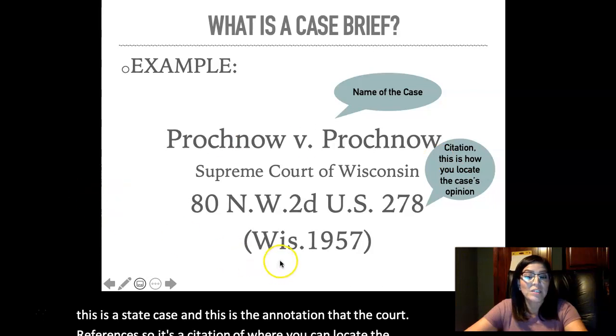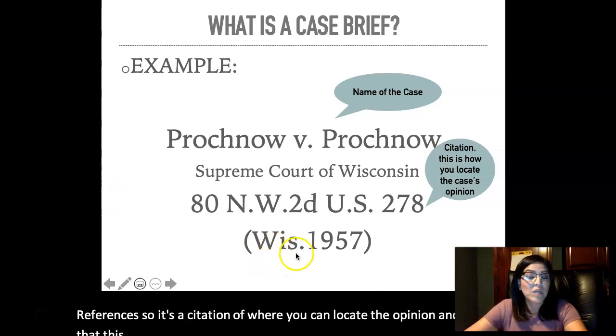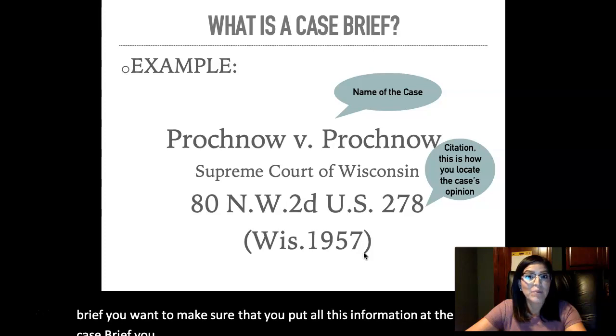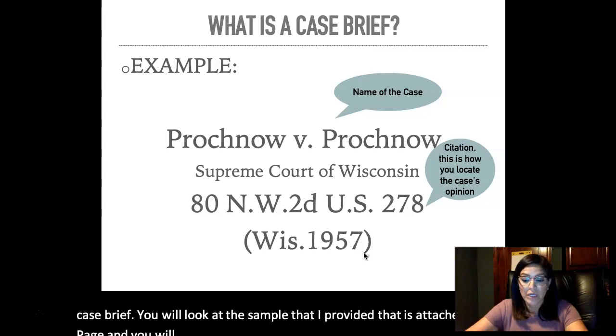And we know that this was decided in Wisconsin in 1957. So when you're writing your case brief, you want to make sure that you put all this information at the top of your case brief. You will look at the sample that I've provided that is attached in this page and you will see what I'm talking about.